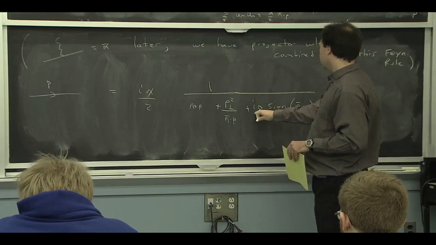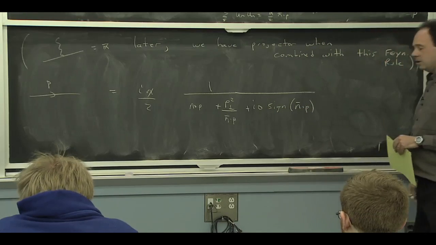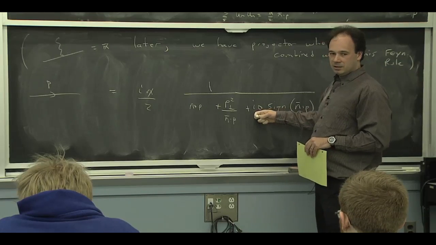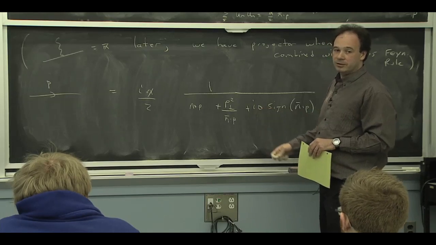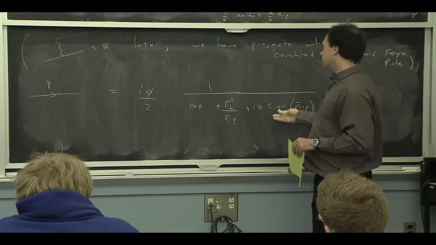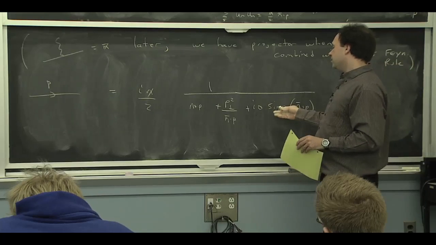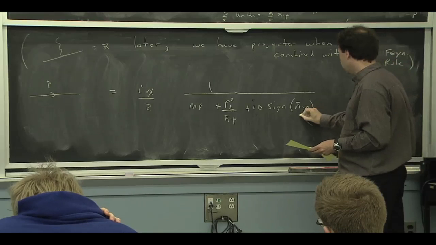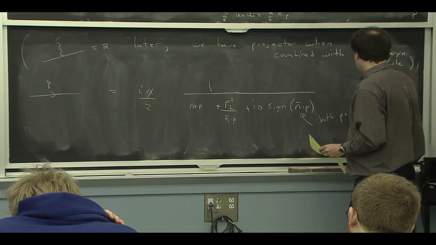And then there's the i0, but the sign of the i0 will depend on the sign of the n bar dot p. And the fact that this could be both plus i0 or minus i0 is the same thing as saying that there are antiparticles and particles in the theory. If it was just plus i0, as it was in HQET, we only had the particles. Here it could be either sign. We have both. And so this thing, again, has both particles and antiparticles, which we saw when we were doing the spinors as well.